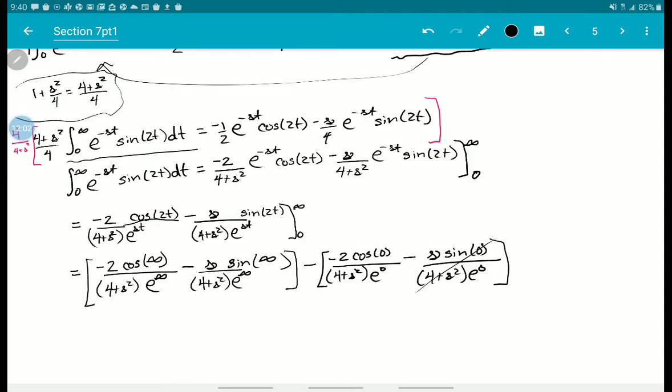Our cosine function is always bounded between negative 1 and 1. So the largest the cosine of anything would be 1, and the smallest would be negative 1. So that's putting a restriction on this numerator here. If we take the cosine of something and we get a negative 1, then the biggest that numerator is going to be 2, because we would have a negative 2 times a negative 1, which would be a positive 2.